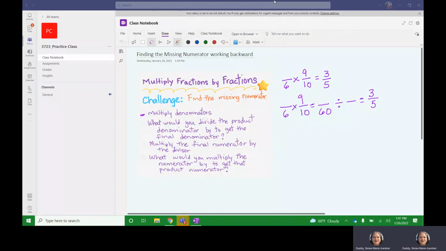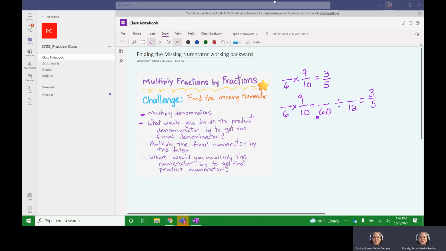So that's our second rule. What would you divide the product denominator by to get the final denominator? I call this my product denominator because it's the product of 6 and 10. And my final denominator is 5. So if you said 12, you are correct.